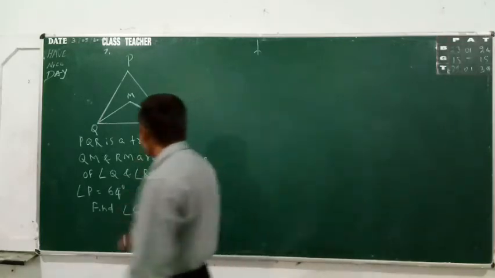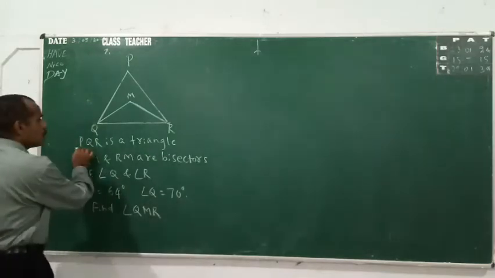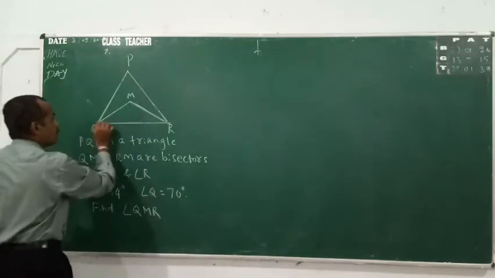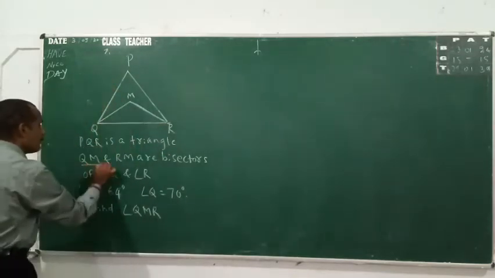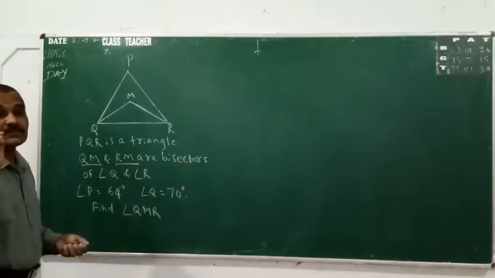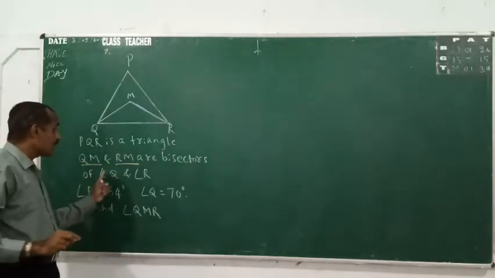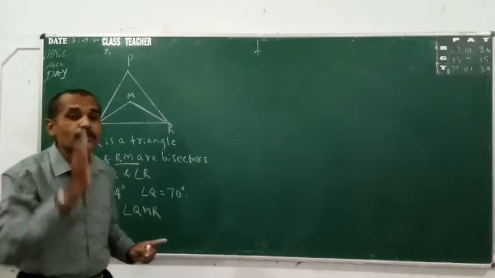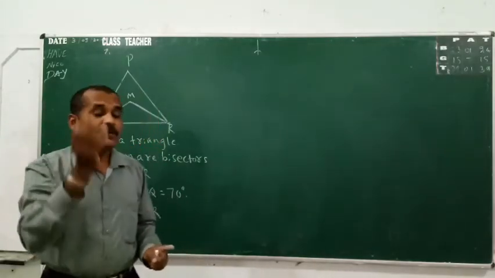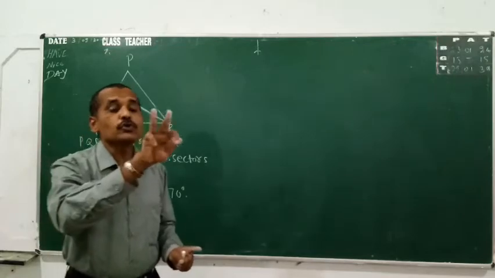First let me explain what is given. PQR is a triangle. QM and RM are the bisectors of angle Q and angle R. They are called angular bisectors. An angular bisector is one which bisects the angle into two equal parts.